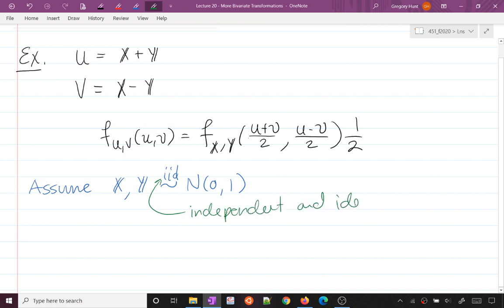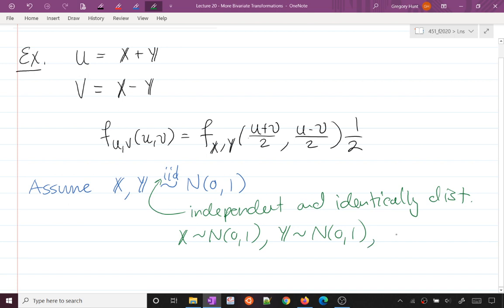Normally I would say, for example, X is distributed following a normal 0, 1 distribution, or Y is distributed following a normal 0, 1 distribution. Here I'm saying X and Y are independent and identically distributed following a normal 0, 1 distribution. What this means is that X follows a normal 0, 1 distribution, Y follows a normal 0, 1 distribution, and X is independent of Y.